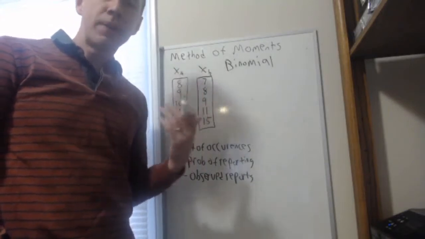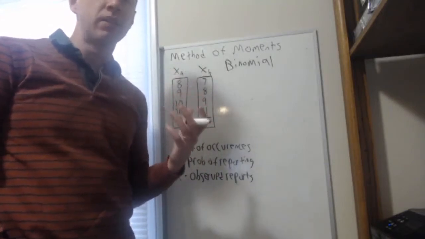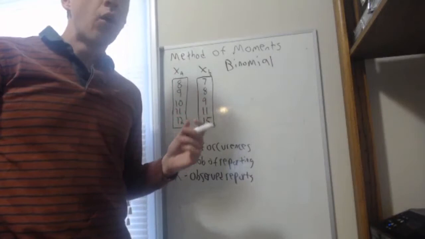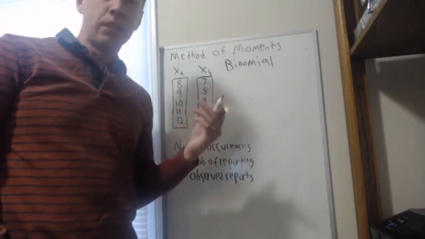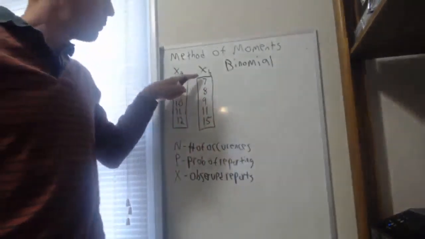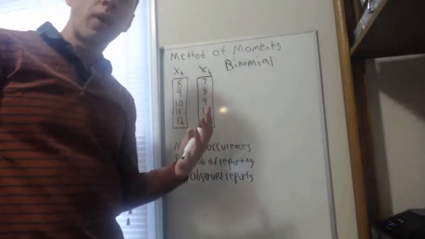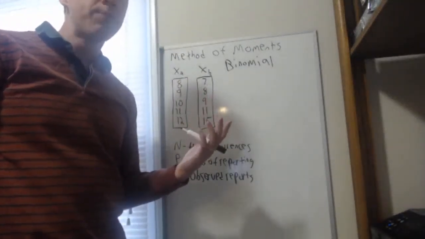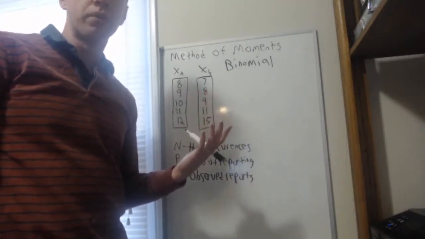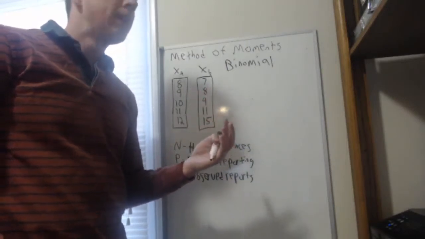And so the fundamental problem, the question that this method of moments helps us deal with, is that what a police department would observe is going to be X, which is the number of crimes that get called in each day, but they know that that's not the true number of crimes that there are in the world.